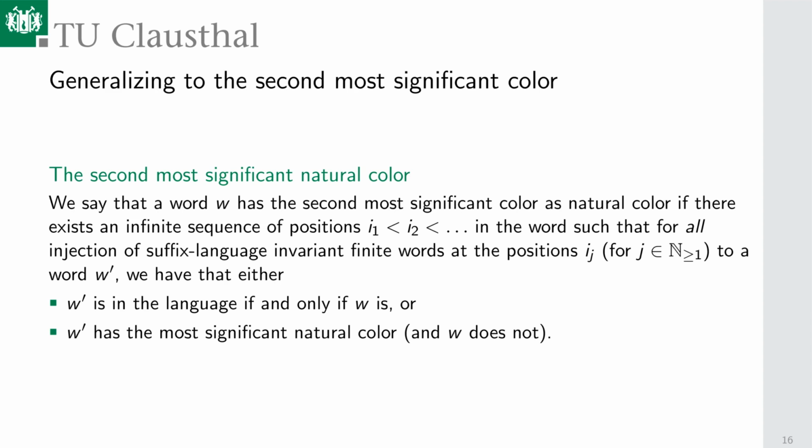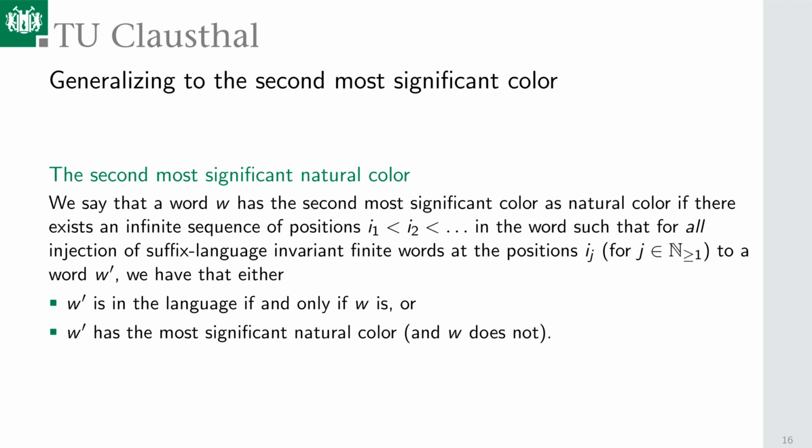Now that we have a definition for which words should have the most significant color as the natural color, the question arises how we can generalize the underlying idea to the other colors. We have to, in a way, characterize what constitutes the second highest color in a parity automaton. In order to do this, we can use the following idea.